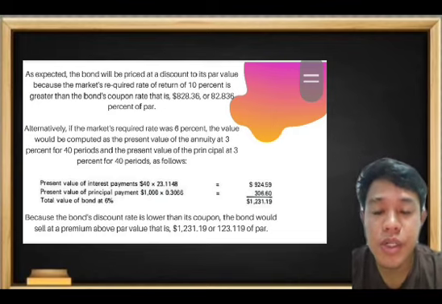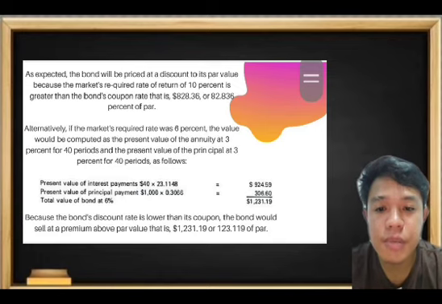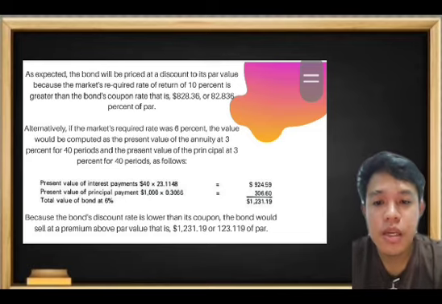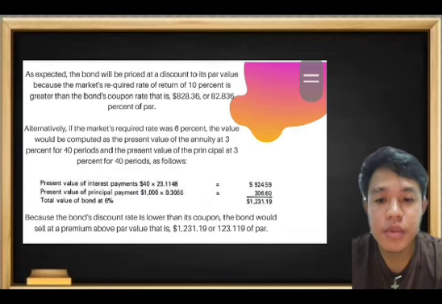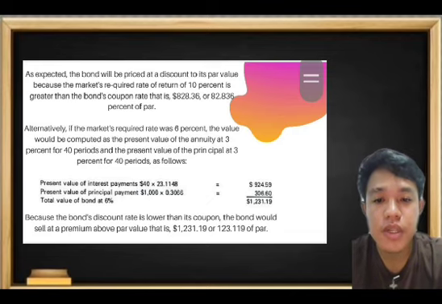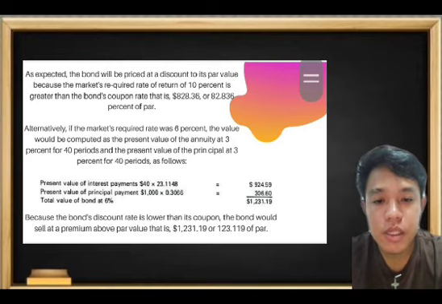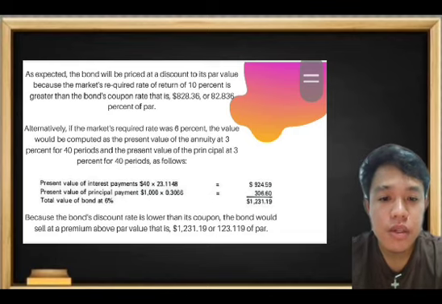Present value of interest payment, US$40 times 23.1148, is equal to 924.59, and then the present value of the principal payment, US$1,000 times 0.3066, is equal to 306.60.